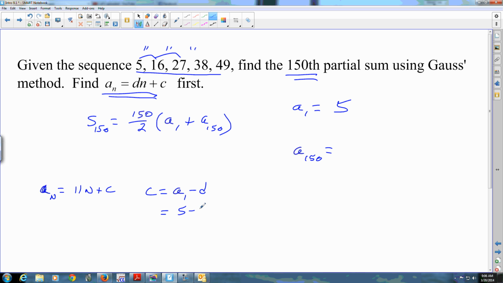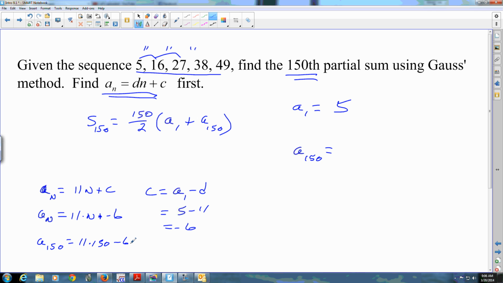So 5 minus 11 is negative 6. So a sub n is equal to 11n minus 6. Okay, so I want a sub 150, my last term. So it's 11 times 150 minus 6.